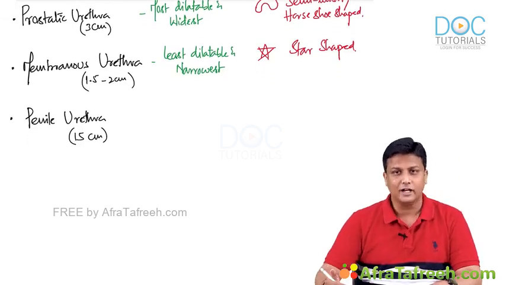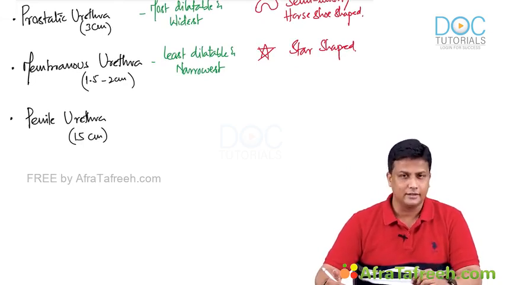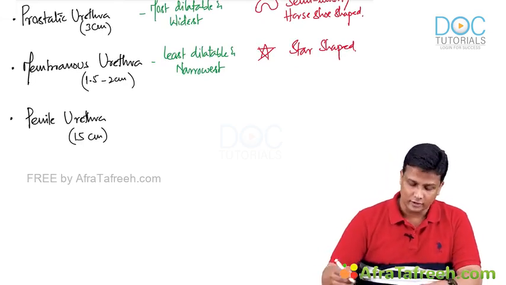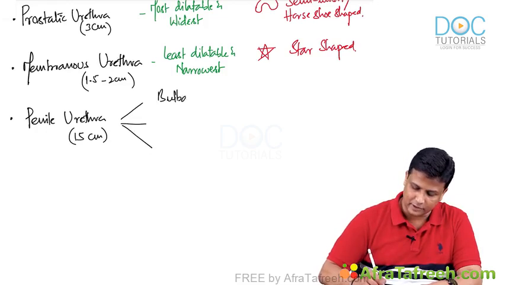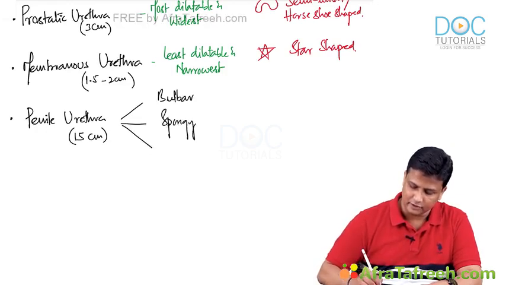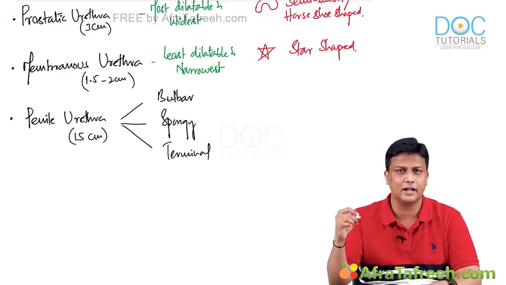Now when it comes to penile urethra, again we can further divide it. The part in the bulb of the penis is the bulbar urethra, and the remaining part in the penis will be the spongy urethra, and even the terminal part of the urethra, the last part where it opens into the glans penis.